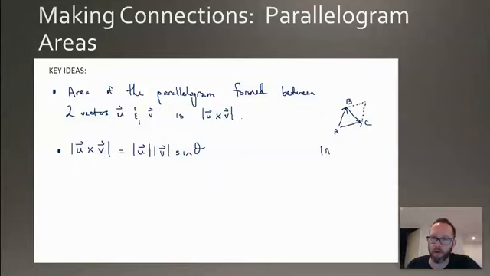So you could find the size of AB crossed with AC, and then divide that by 2. So that gives you the area of a triangle formed by 3 points ABC. So a lot of interesting things you can do with that.